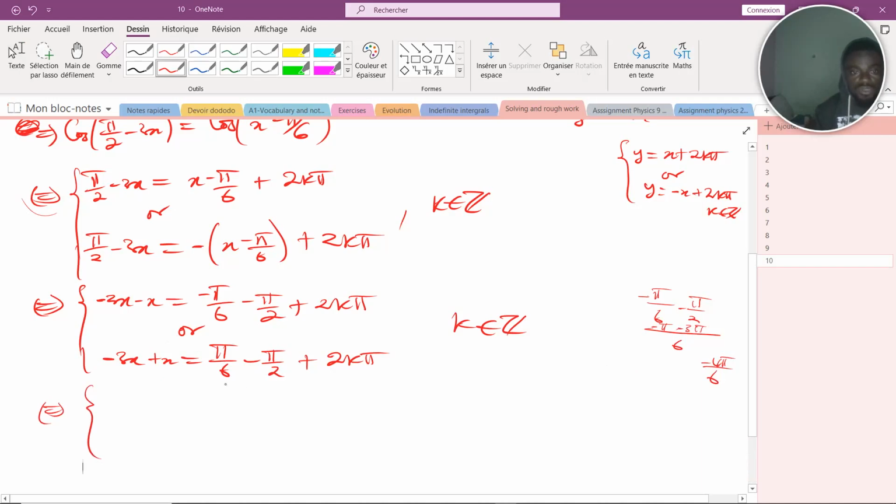Let me calculate directly also this pi on 6 minus pi on 2. 6 divided by this goes 3 times, this is 3 pi, so I'll have minus 2 pi on 6, which is basically minus pi on 3.